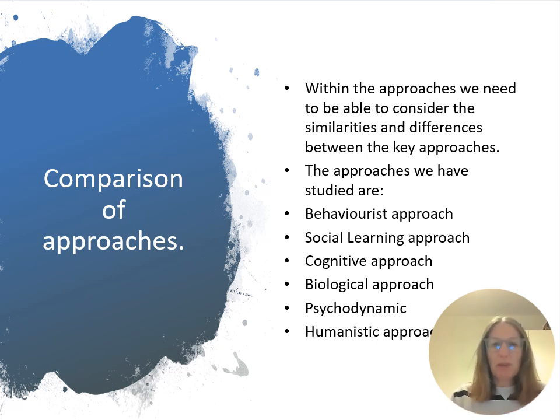I would say still do the behaviourist approach, but if your mind goes blank and you just did social learning theory, if it said learning approaches, then you can just refer to one of them. But again, ideally use both of them. But if your mind goes blank, then you're okay with one of them. But be aware that if it says learning approaches, that is what it's referring to, behaviourist and social learning theory.